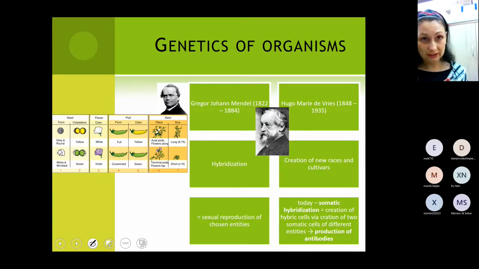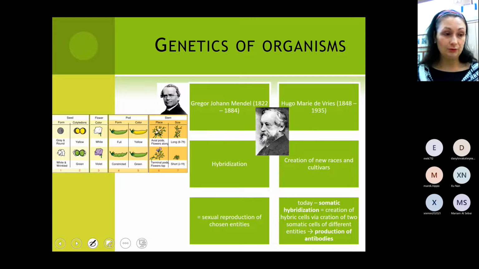They expected some genes, of course, but they didn't have the apparatus of molecular biology or molecular genetics, which can help them to understand on the molecular level what happens during heredity. But it doesn't matter. The apparatus they provided is pretty amazing, pretty interesting. They are the fathers of genetics.